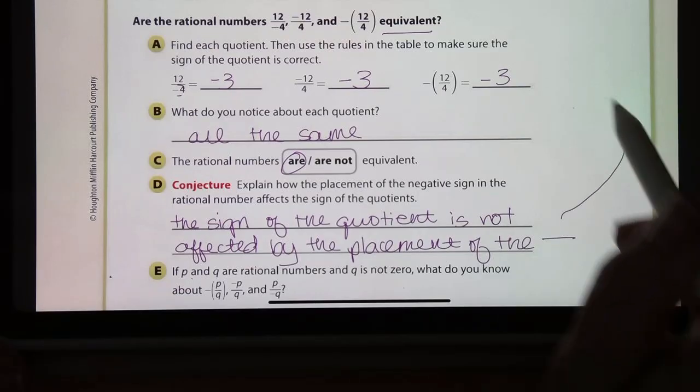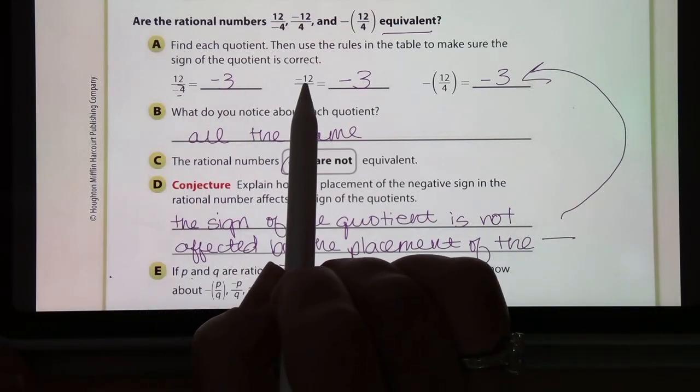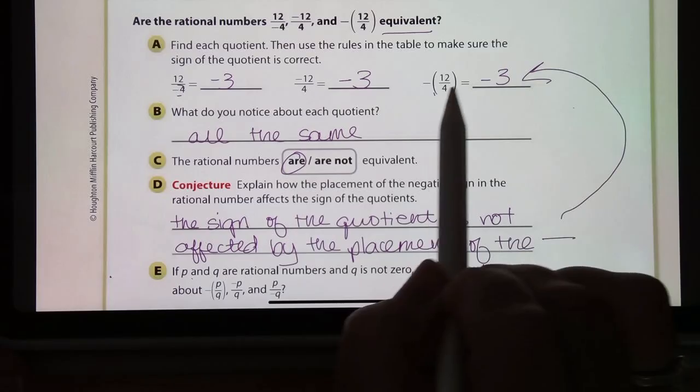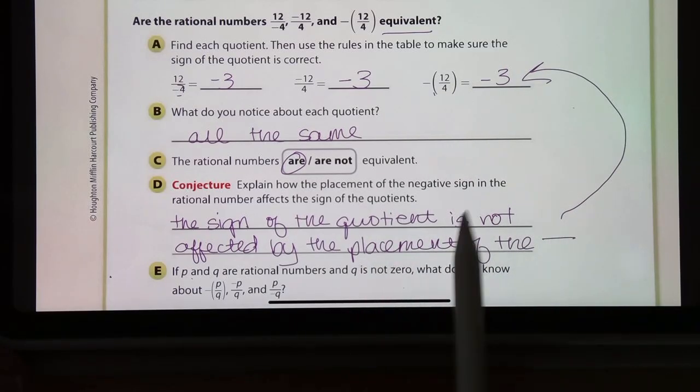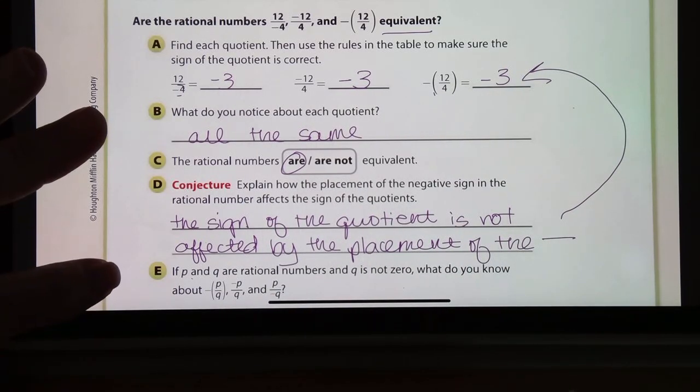And this refers to up here. I have my negative 4 there, my negative in the 12, and my negative outside the parentheses. So wherever the negative sign is, the quotient is negative. They're all the same.